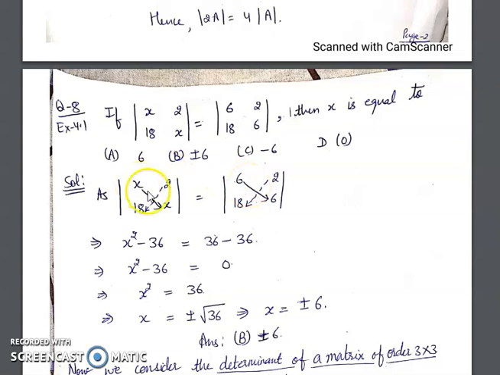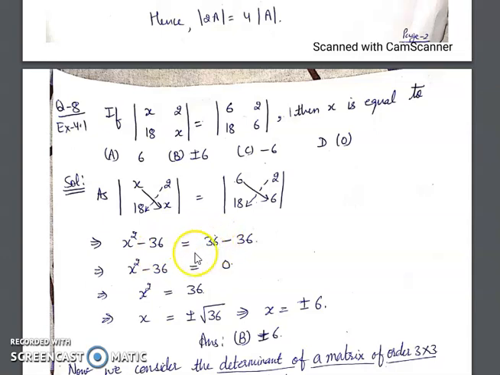So the first determinant has value x into x, means x square, minus 18 into 2, which is 36. X square minus 36 is equal to 6 into 6, 36, minus 2 into 18, 36. Both the determinants are equal, so these two values are equal.